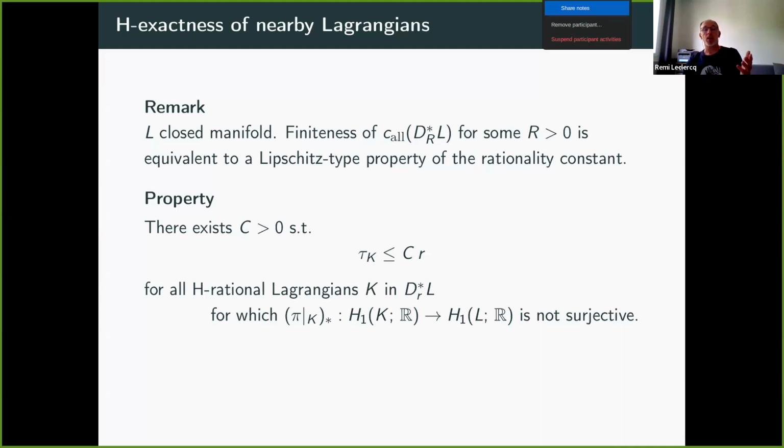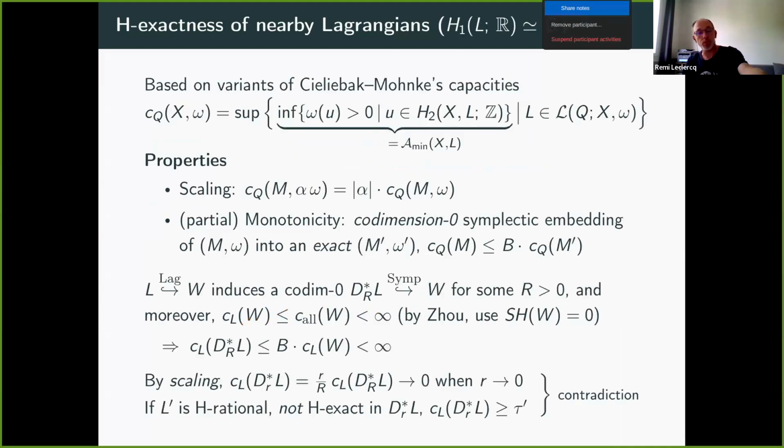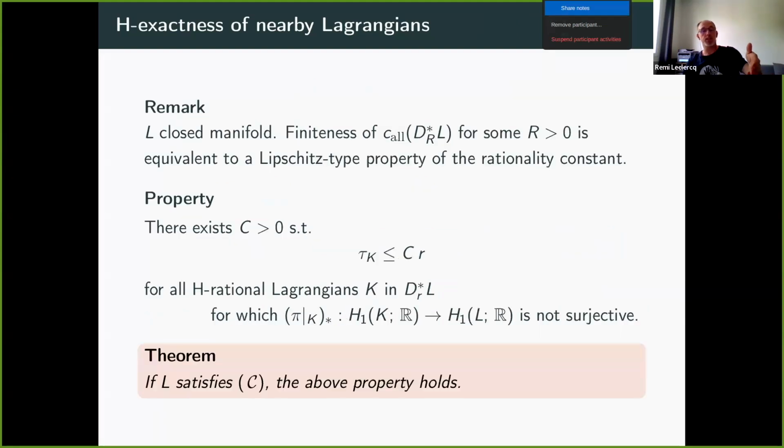And so what this argument proves, with the scaling, is that if L satisfies our symplectic topological condition, then we do have Lipschitz behavior of the rationality constant here.